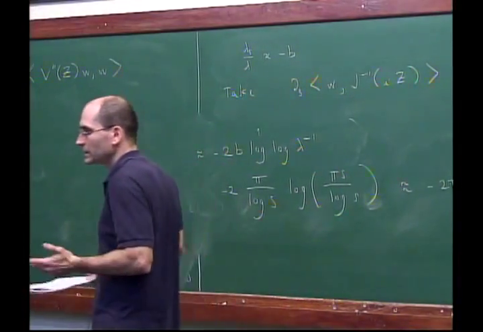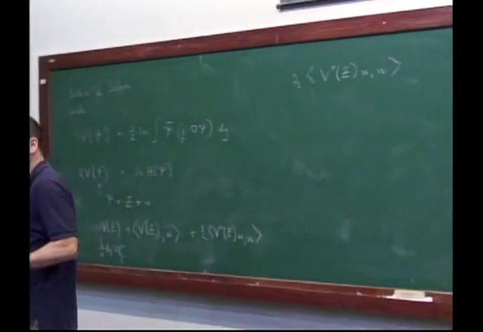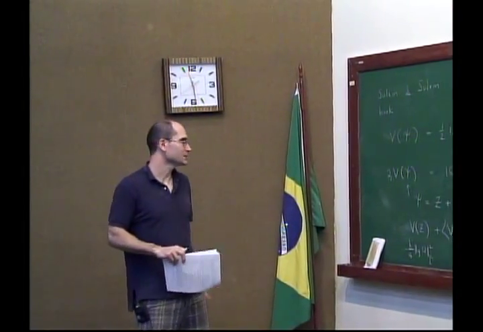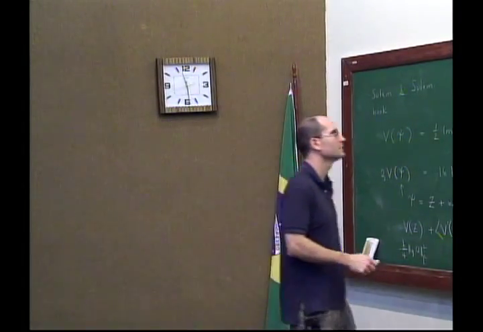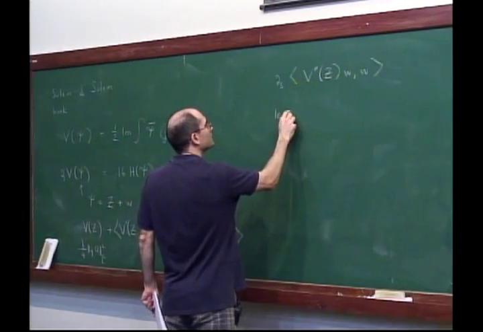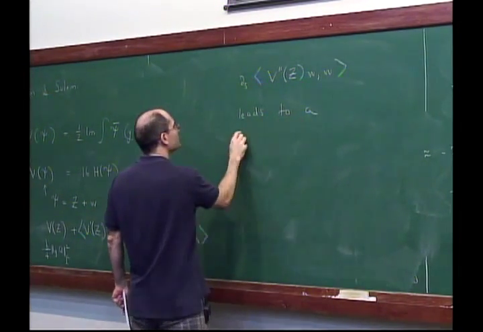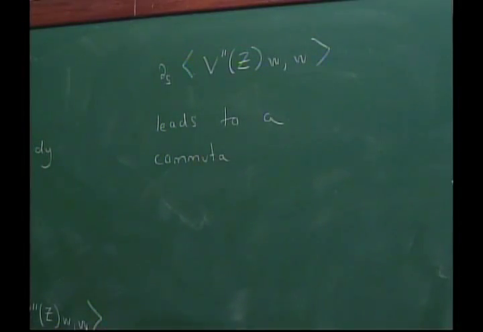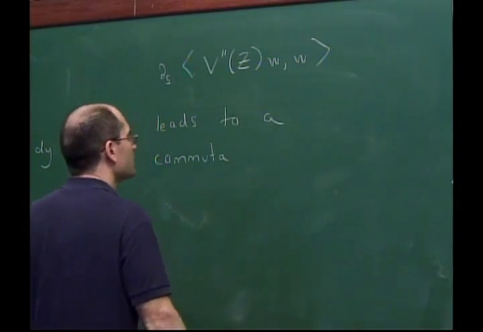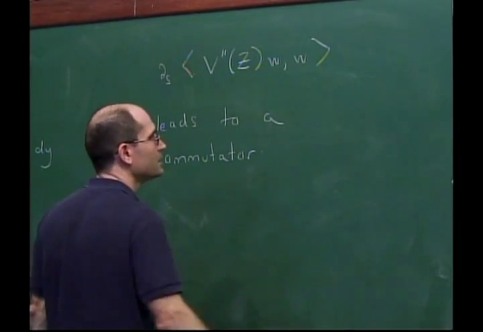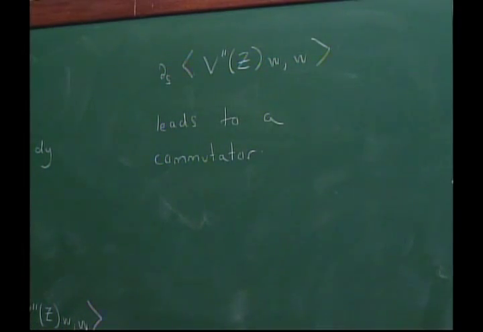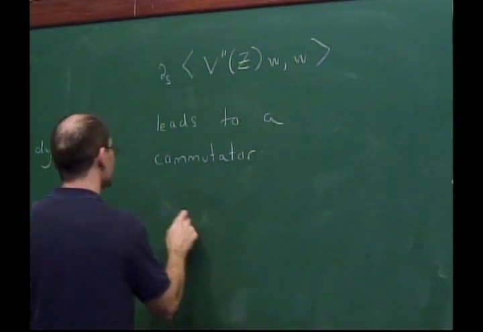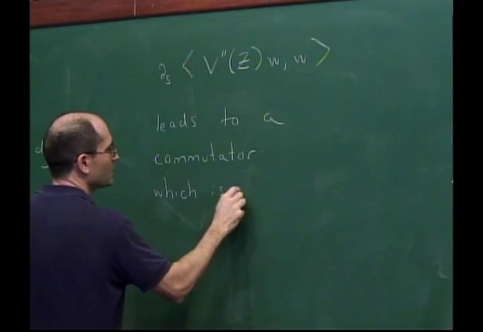It's like deriving, as you know in dispersive equations, local smoothing estimates by positive commutator arguments, but it's at the level of the linearized equation. So this leads to a commutator of a first order operator, since V double prime is lambda, a first order operator y dot gradient, with a second order operator. Commutator of a first order operator with a second order operator gives a second order operator. So it leads to a commutator which is positive, and which is a second order operator.